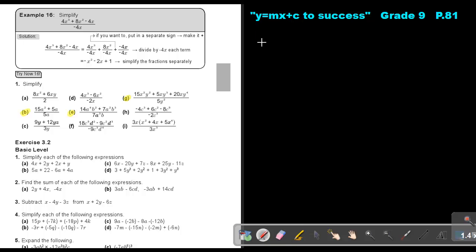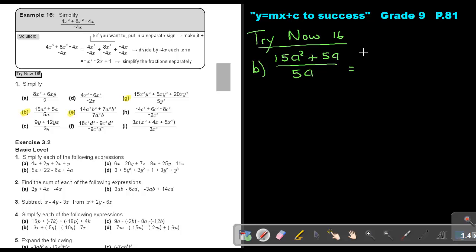Okay, let's start. Try now 16. Number B. So it's 15a squared plus 5a over 5a. Okay, I'm going to break it up. I write it.